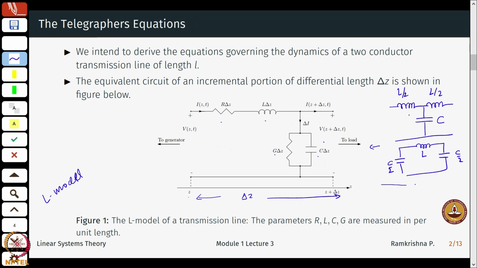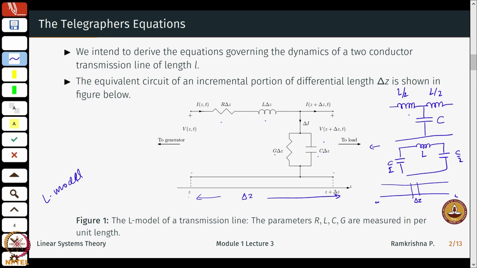So this is my entire transmission line starting from 0 to L. I am just interested in a little element here, delta Z, and this little element in this length delta Z looks like this L model. Okay, so what will be the R for this element delta Z? It will be R times delta Z. Similarly with L, G the conductance and C the capacitance, right.